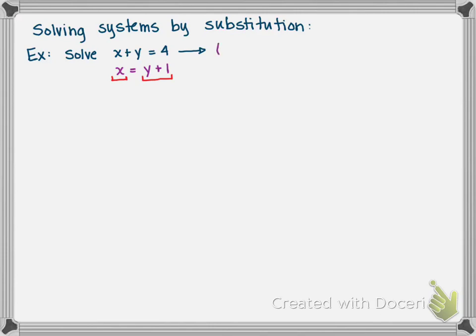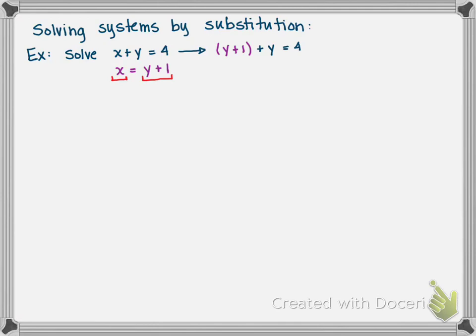So we have (y plus 1) plus y equals 4. In this case I didn't really need those parentheses because I didn't have anything to distribute, but it's a good habit to get into, because when you do need them, if you don't write them, then you're in trouble.